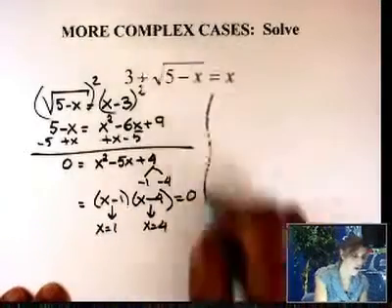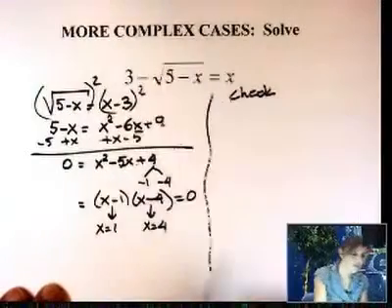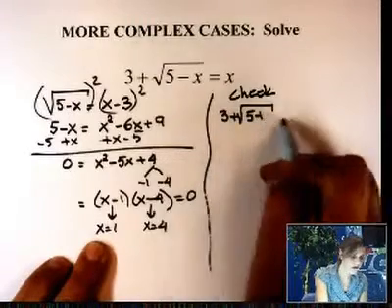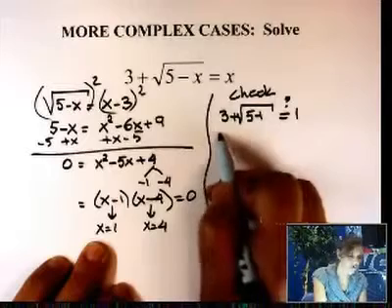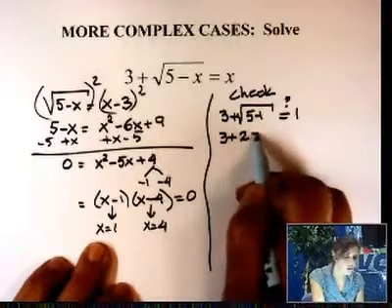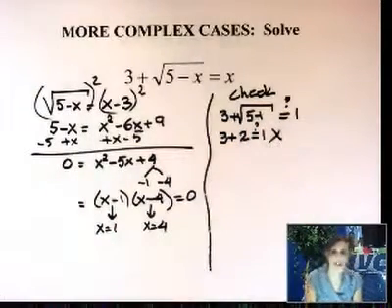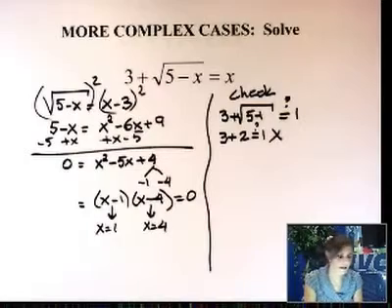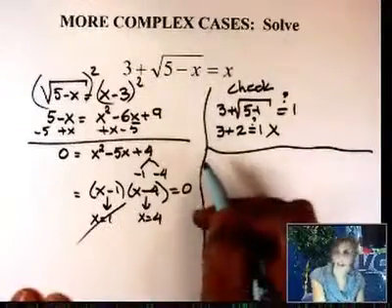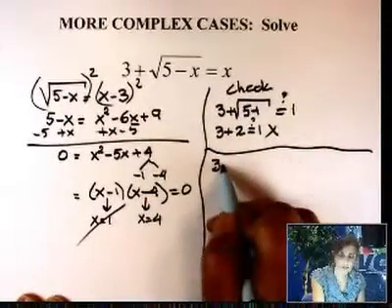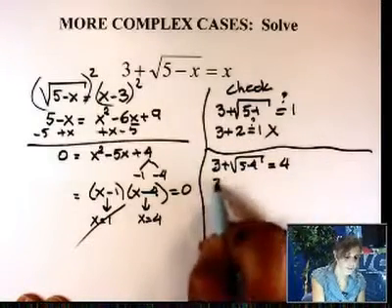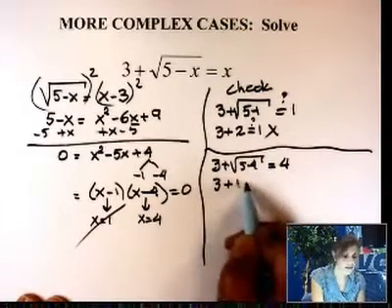Am I done? No. Check. So I'm going to check 1. Let's look at that. 3 plus 5 minus 1, 5 minus 1 is 4, that's 2. Is that 1? It looks like that's not the case. 3 plus 2 is not 1. Uh-oh, x equals 1 did not work. Let's try the other one. x equals 4. 3 plus 5 minus 4 equals, is that 4? 3 plus 5 minus 4, that's 1.